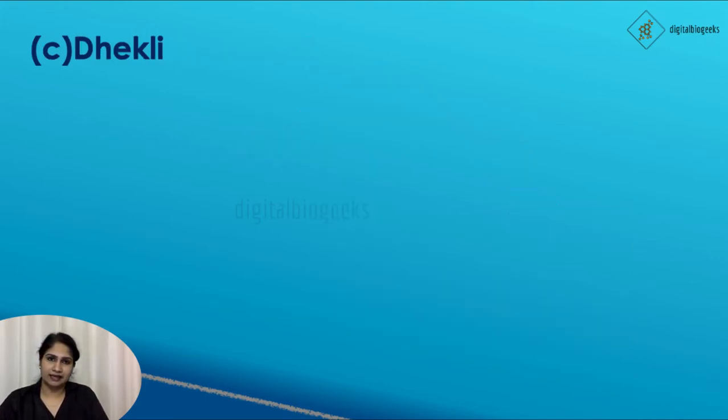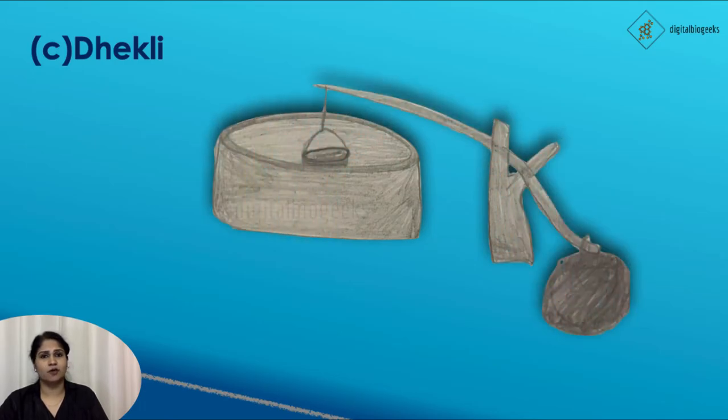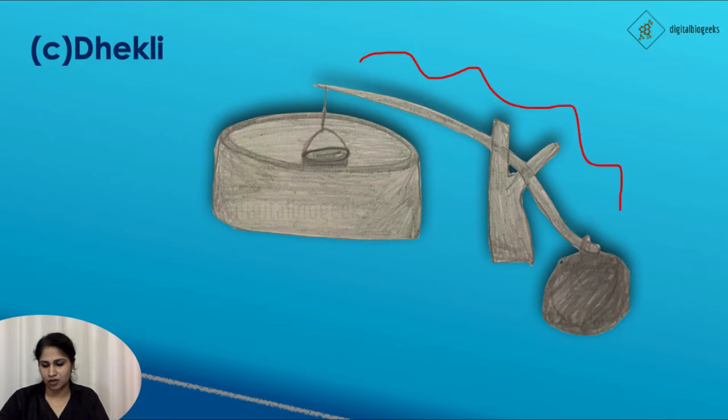Moving on to Dekli. Dekli system of irrigation is done in rural areas. Here, farmers place a log near the well, and this log is placed in a fork-like structure.